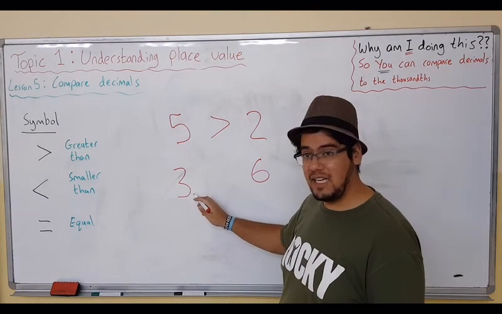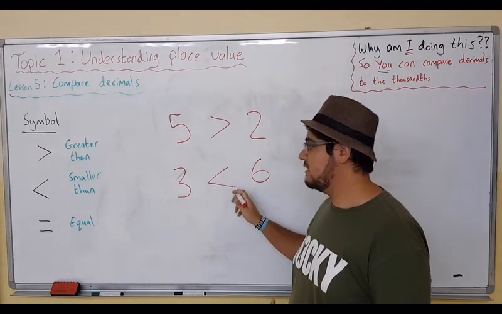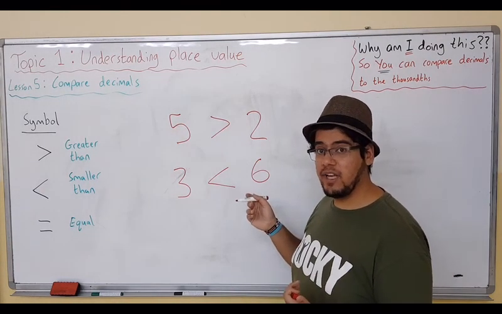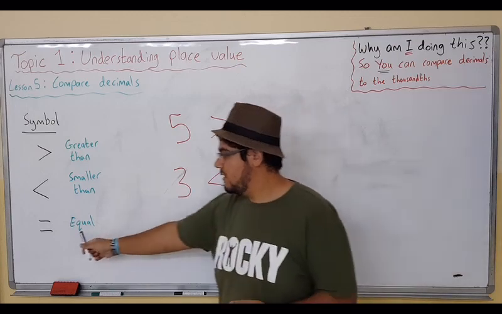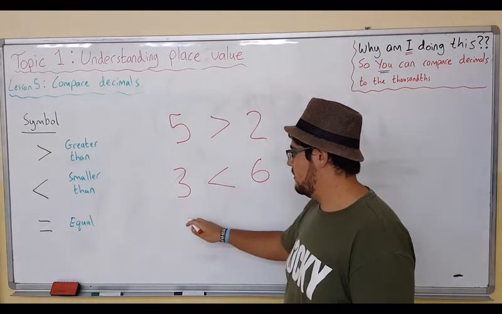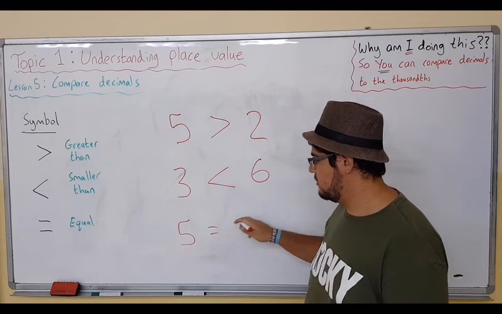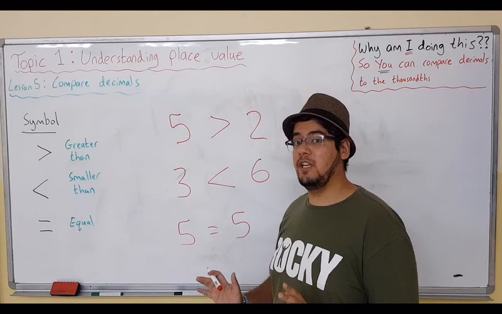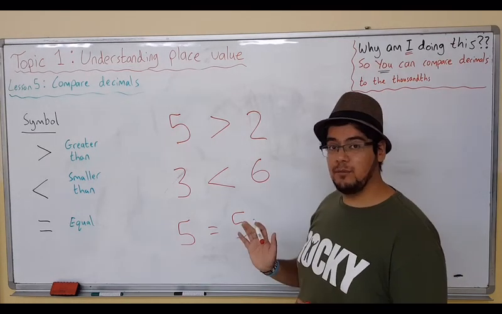So that means 3 is less than 6, or 3 is smaller than 6, okay? The equal sign means the same. 5 equals 5, exactly the same. That's what equals is. So these are our symbols.